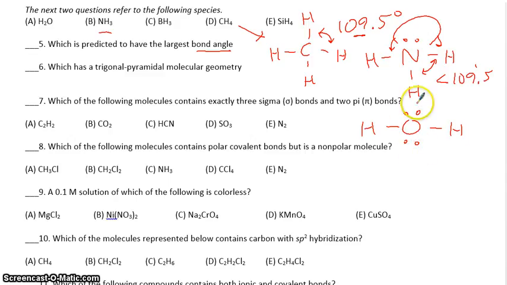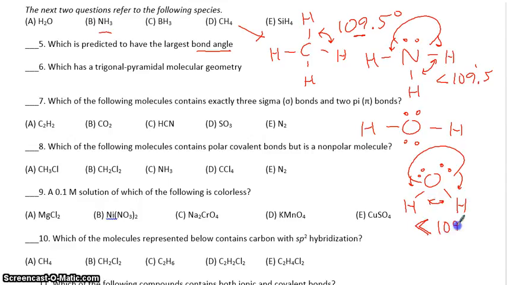These 2 lone pairs, now remember water is really drawn like this. In 3 dimensions, water is bent. So you have these lone pairs of electrons that really exhibit repulsive forces pulling this together, and it's really, really less than 109.5 degrees. So that's why water will actually have the lowest, all right, which means the largest bond angle.